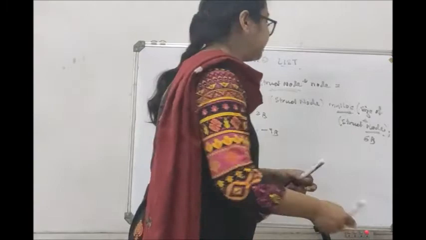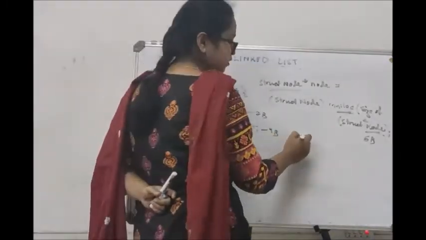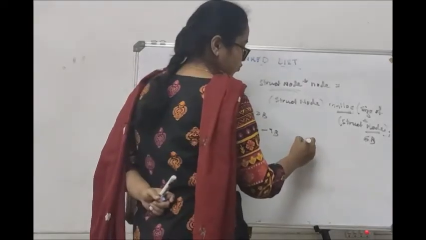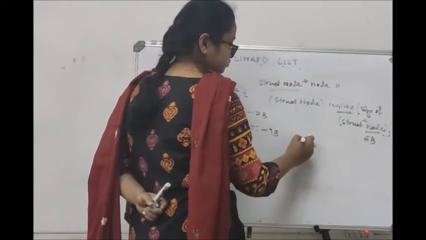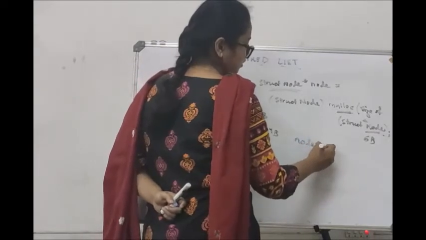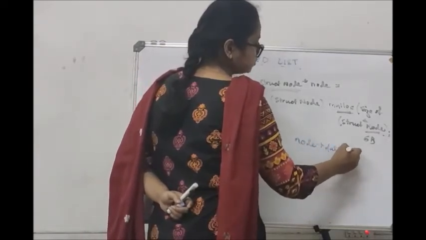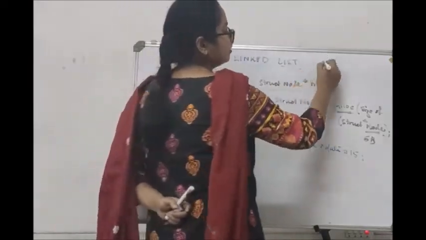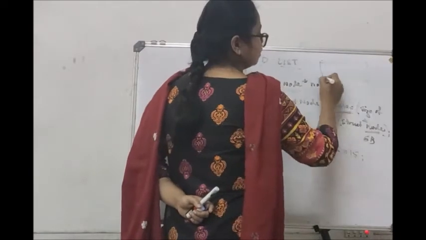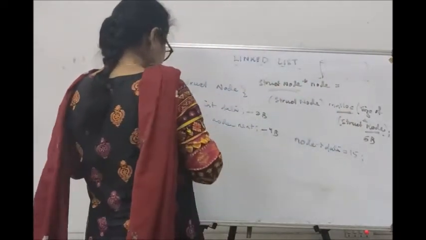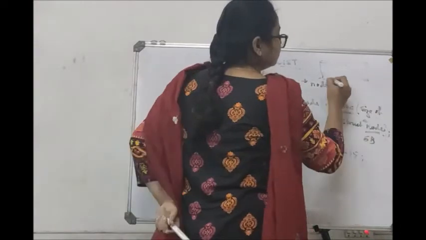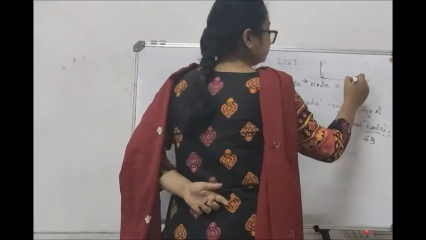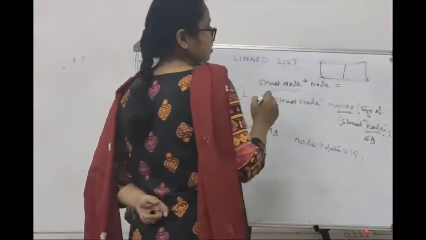After giving space, I can write how to give data. I can write node data is equal to, suppose I want to store 15. The moment space is allocated, a node is created.